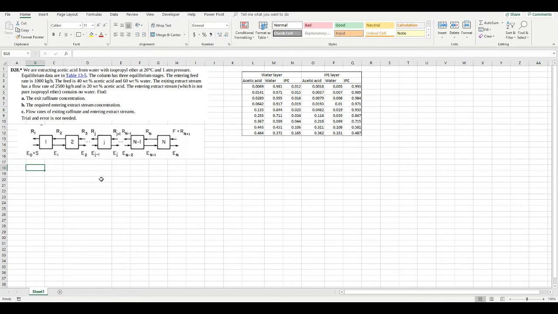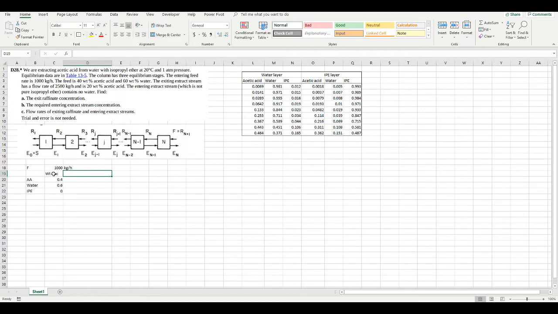So we have first the feed stream F, and this has a flow rate of 1,000 kilograms per hour, and a composition of acetic acid, water, and IPE. And this composition is going to be roughly, in terms of weight fraction, 40% acetic acid, 60% water, and 0% IPE.